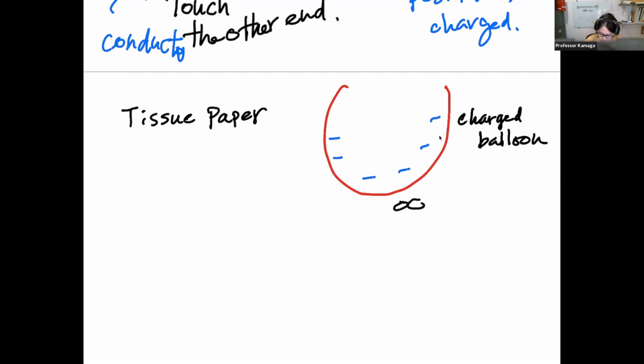And we saw the tissue papers being attracted.